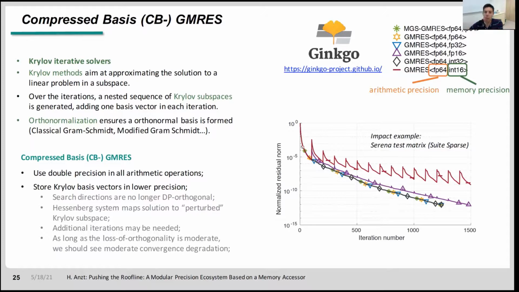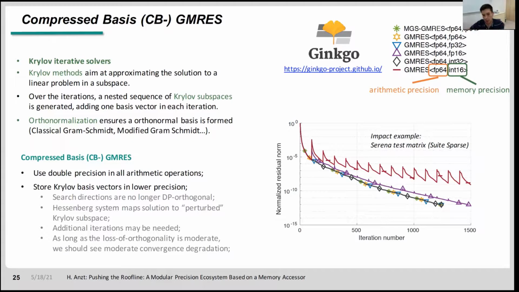Then we use the approach where we compress the Krylov vectors using the memory accessor. We use different approaches where we use either FP32, FP16, so half precision, or even some awkward integer formats. Then we should, in the best case, see no convergence delay, or only moderate convergence delay, or convergence delay that we can probably not compensate anymore.